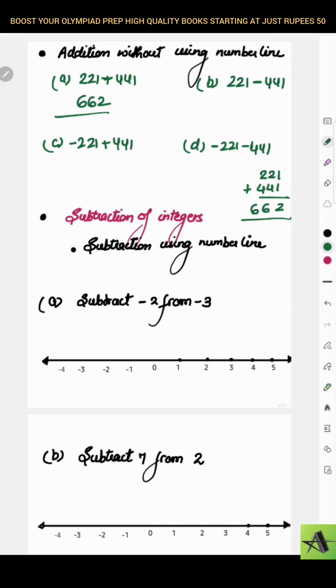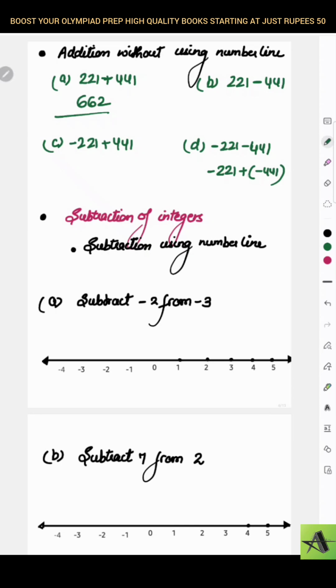That's easy, you know that. Part D, both the numbers are negative. So I'm writing minus 221 minus 441, or I can write minus 221 plus negative 441. They mean the same, and I'll explain this in detail when we do multiplication and division. But as of now, keep in mind that minus 221 minus 441 can be written as minus 221 plus negative 441.